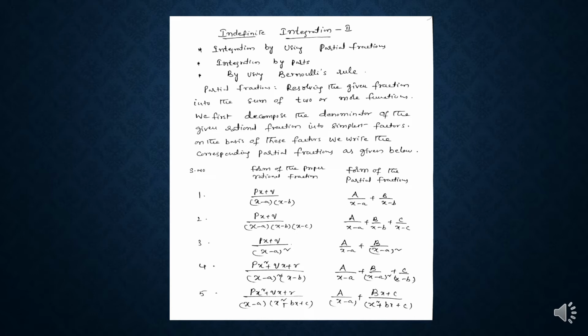So A by x minus a, this is the linear factor, plus for the quadratic factor we should take two terms, that is one is x term plus another one is the constant, Bx plus C by x square plus bx plus c. Thus, by taking the partial fractions like this, we can resolve the given integrand as partial fractions, and then they can be integrated separately by easy methods by using the standard forms.